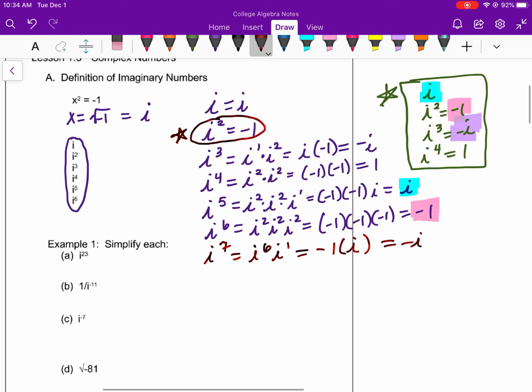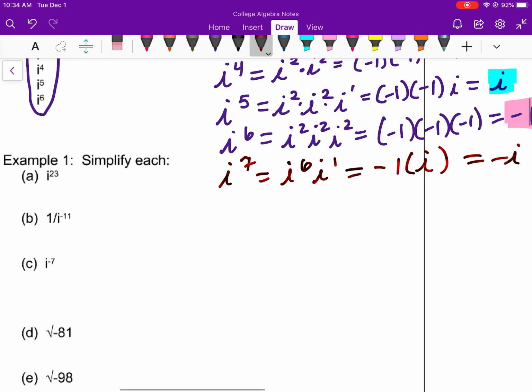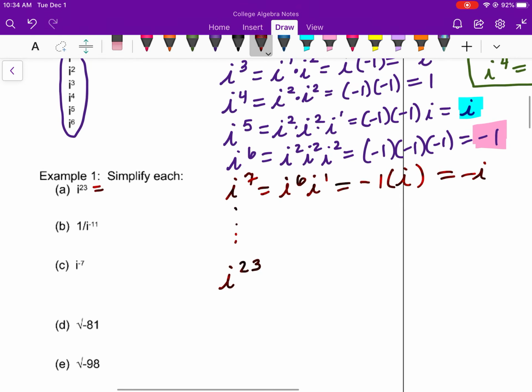All right, that is helpful when we go to solve questions like A. If I want to find i to the 23rd, I don't want to run this out all the way to 23 places. What I want to do instead is take my exponent and divide by 4, because I know powers of i repeat every 4 terms.